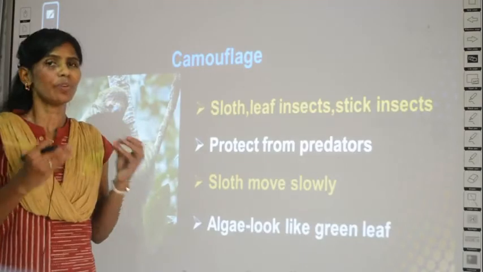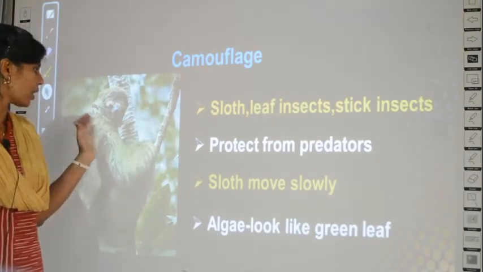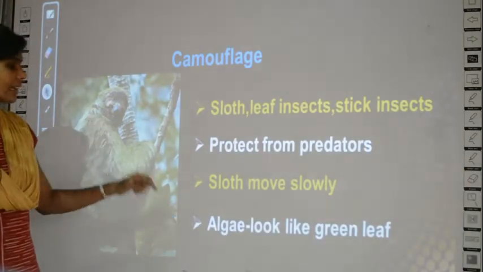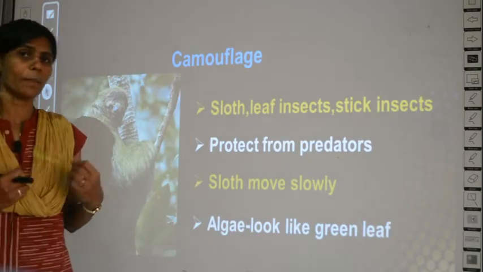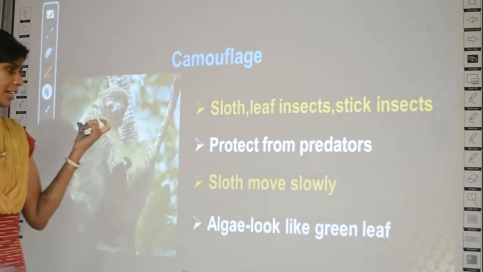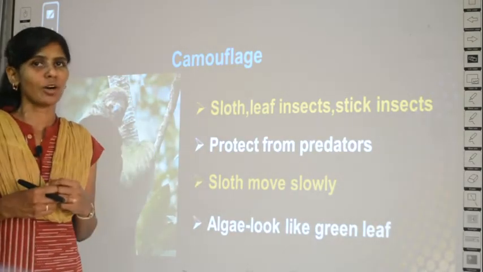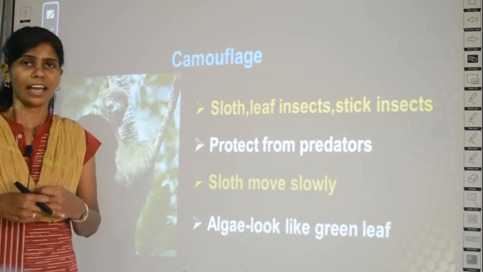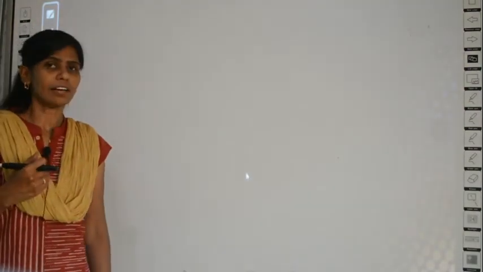But the sloth is a very slow moving animal, so algal growth is found on its hair, and it appears like a green leaf. So already I told you, this adaptation helps them escape from the animals. Since the sloth appears green in color, the enemy will not find the sloth, so it can escape from the enemies. So these are some of the adaptations in tropical rainforest.